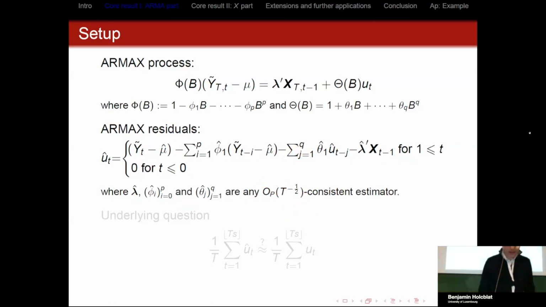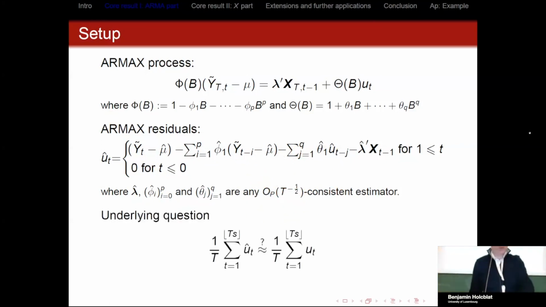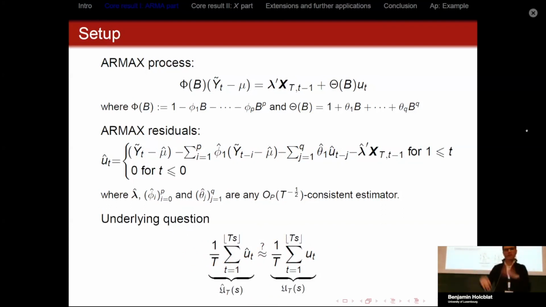No other assumption. Basically the question, if we assume that the function is the identity, is how the partial sum of the residuals differs from the partial sum of the errors. Here I just take the residual and the error, but I could take a function of the residual and a function of the error, and we can deal with that also.